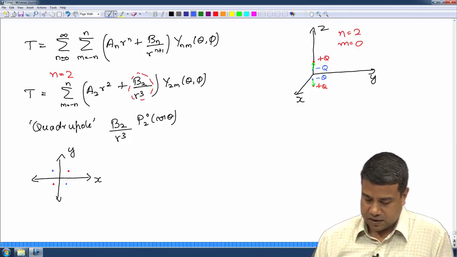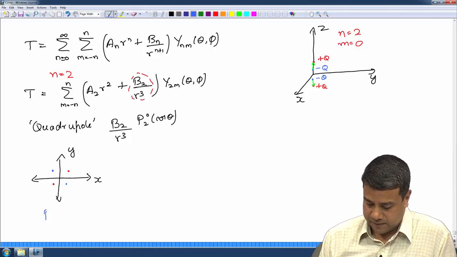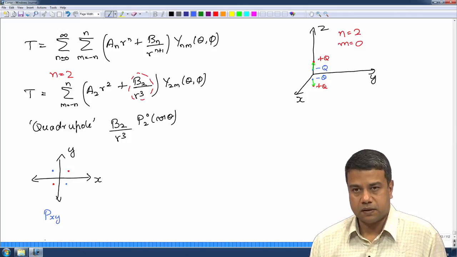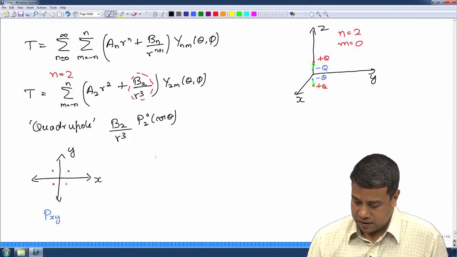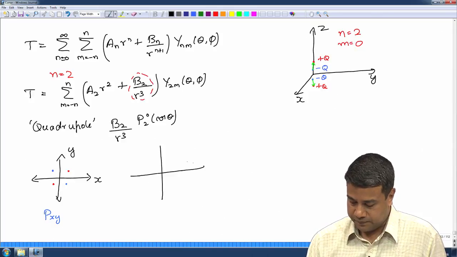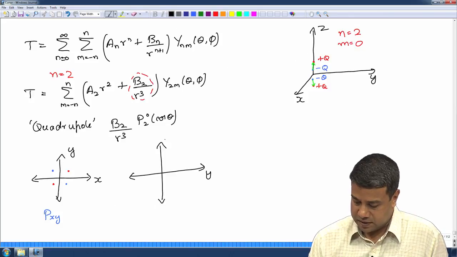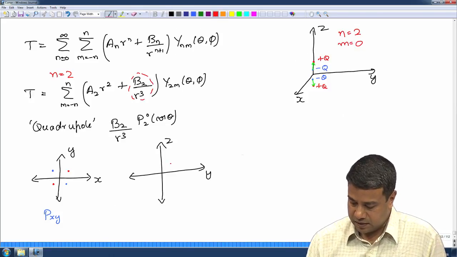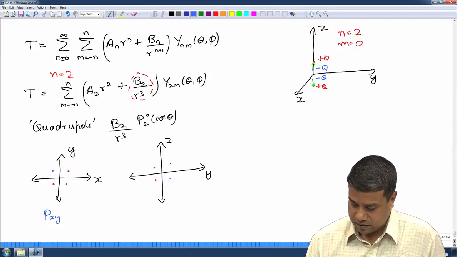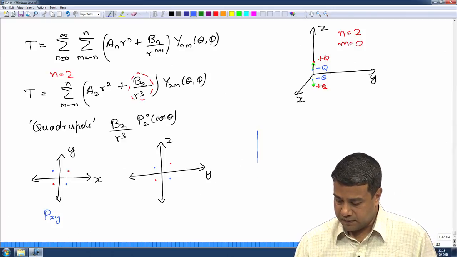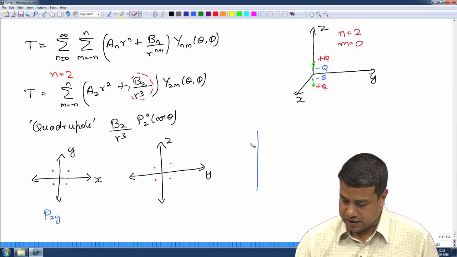So, this is called P x y. Then you have one along the y z plane. I am taking projections of this. In this, once again you have 2 sources and 2 sinks. And then you have one along x z.